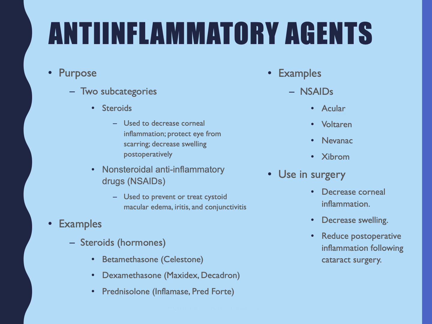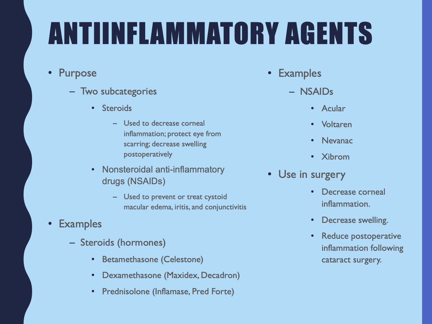and prednisolone. You might have noticed that they all end in O-N-E. Most steroids end in O-N-E, so that can be a clue for you if you're taking a test and you're not sure. But steroids are hormones with a wide range of effects, and they're administered via four routes, which include topical, systemic, periocular, and intravitreal.